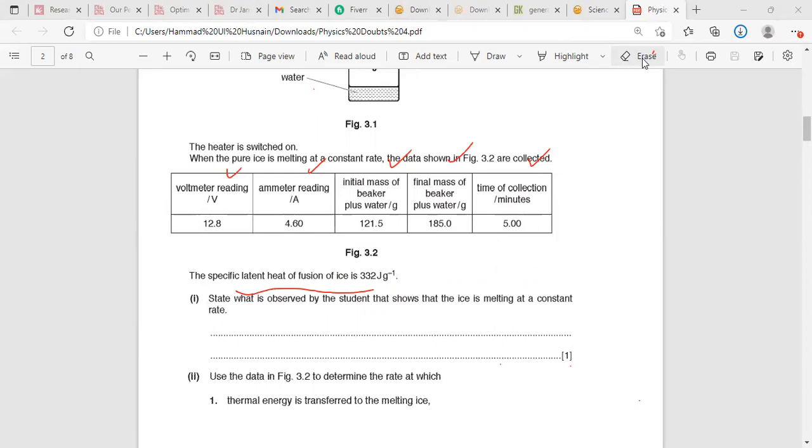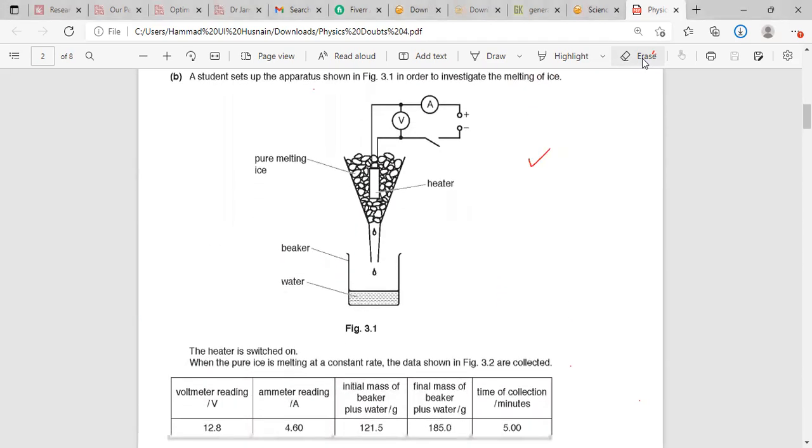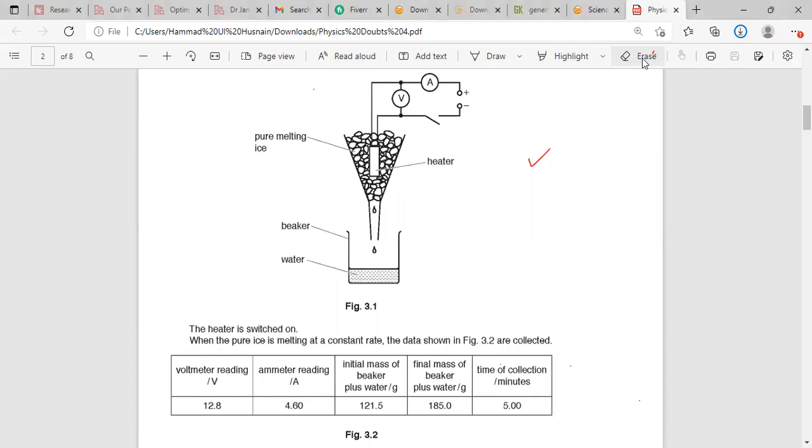Okay. So in the first question, what is asked? It is asked to state what is observed by the student that shows that the ice is melting at a constant rate. How can you tell from this experiment that the ice is melting at a constant rate? It was given in the question that pure ice is melting at a constant rate. But he is asking how you can tell that this ice is melting at a constant rate.